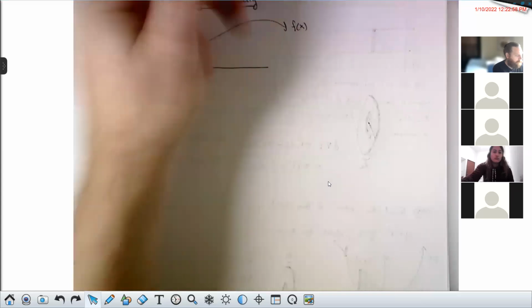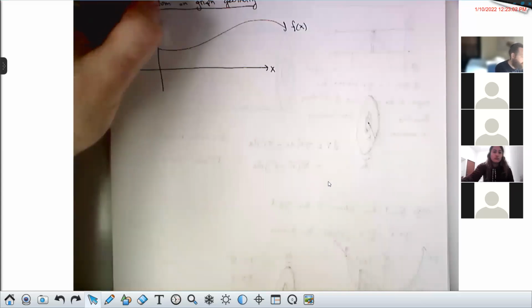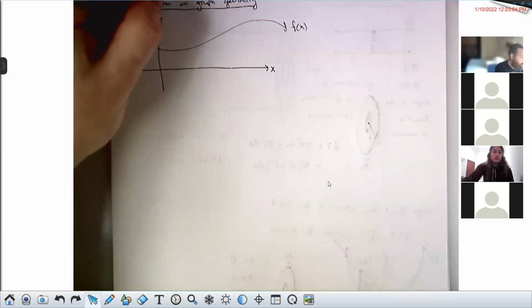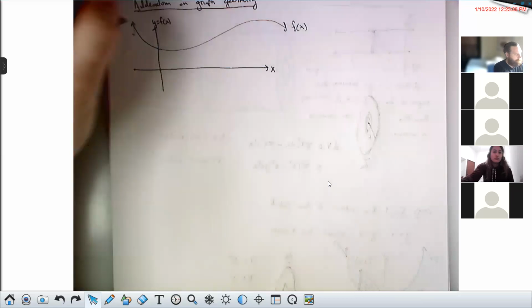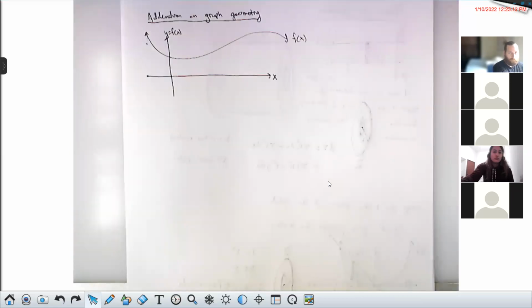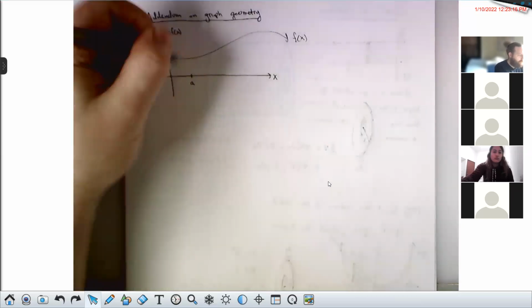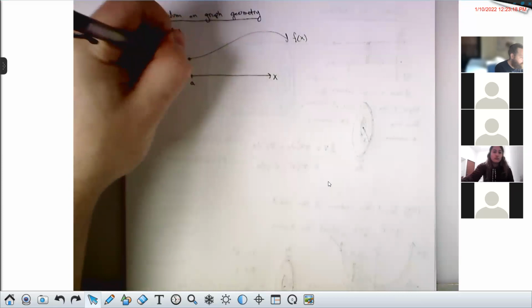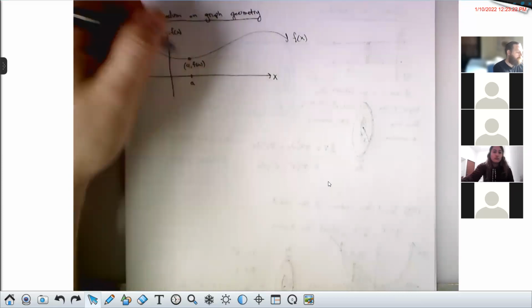If I have here the graph of a function f of x, you'll often see people writing x down there and y equals f of x up here. What that means is that if this is a, then this point on the graph right here is a comma f of a.